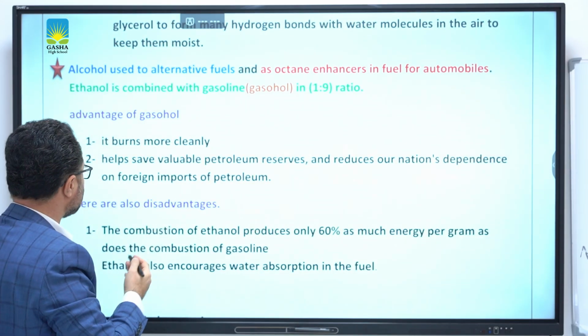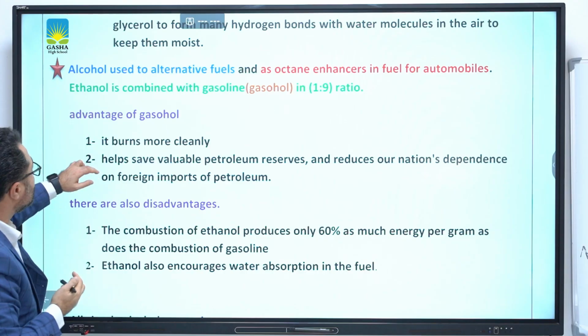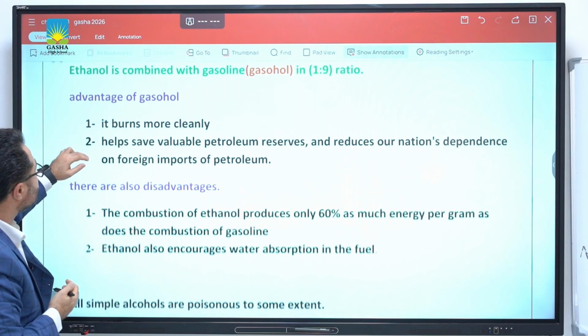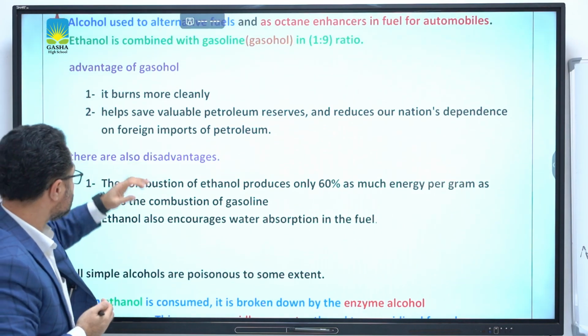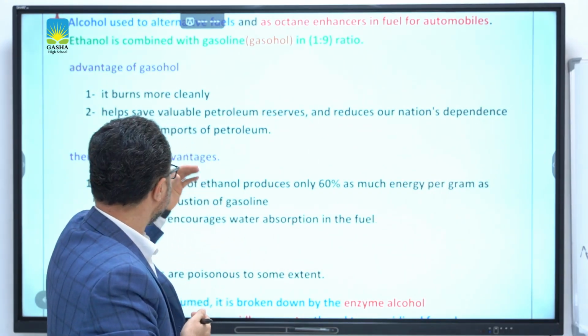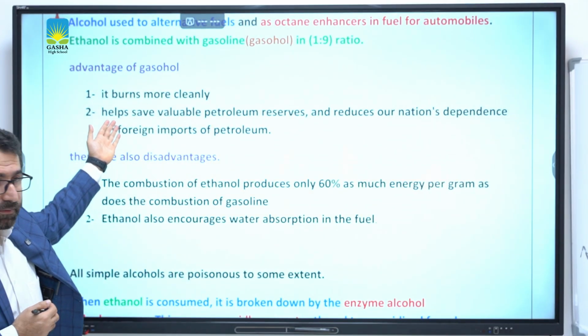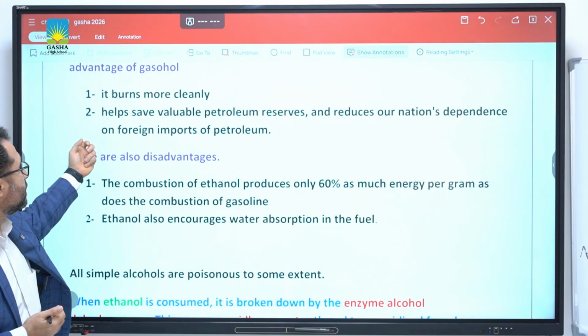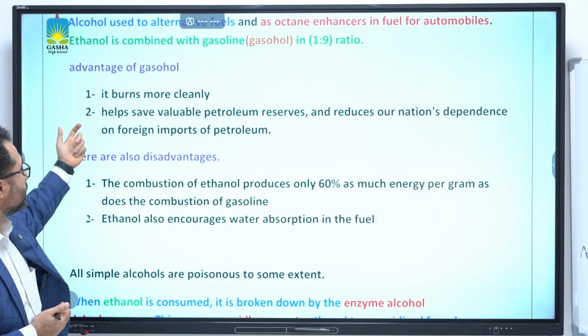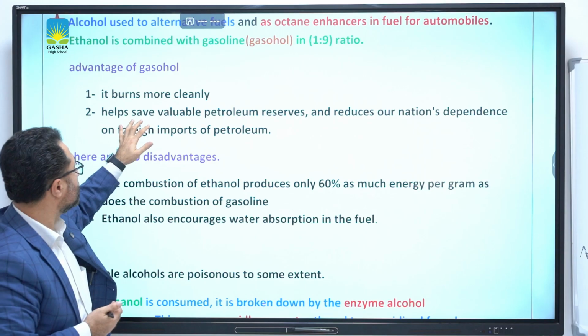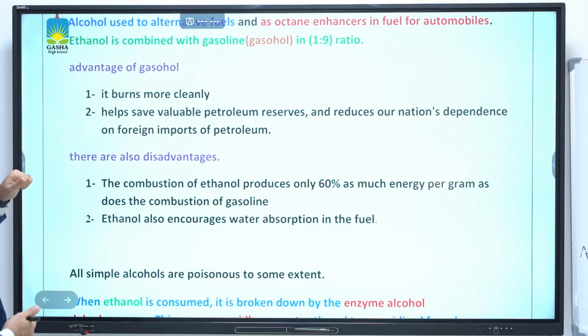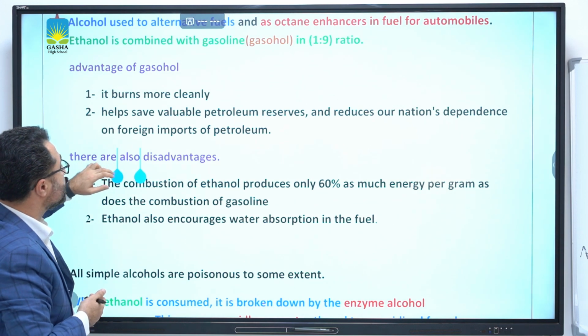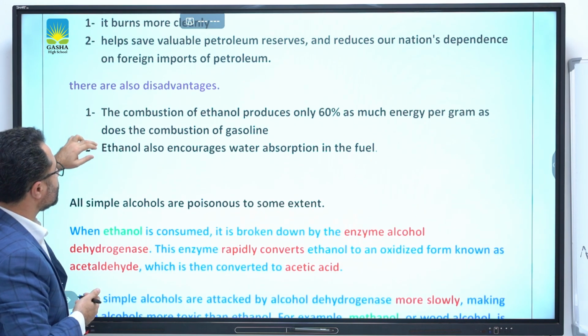the octane number of gasolines. It has two advantages and two disadvantages. The advantage of gasohol is it burns more cleanly than benzene or gasoline and helps save petrol, so it's economical. Okay, and we have disadvantages of gasohol.